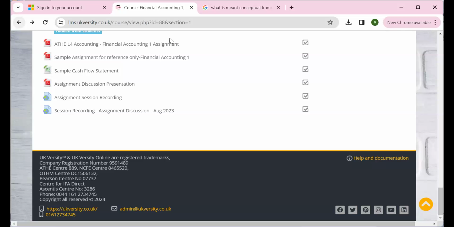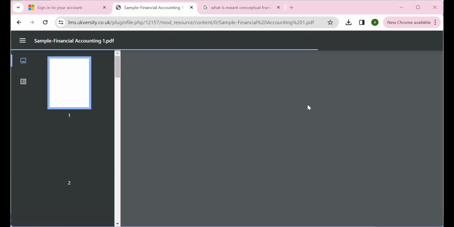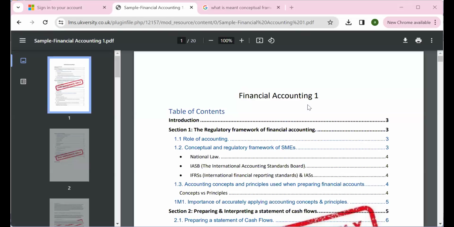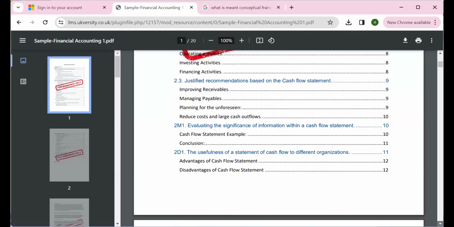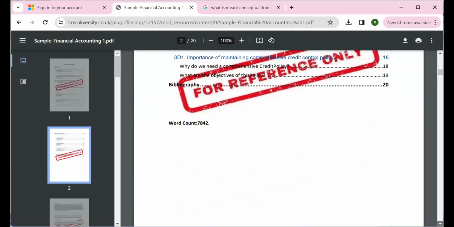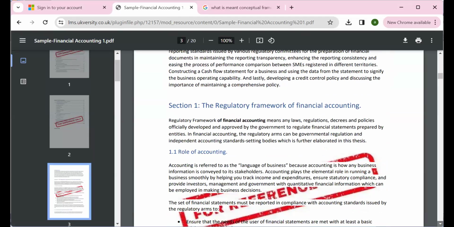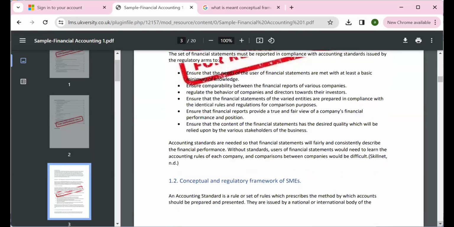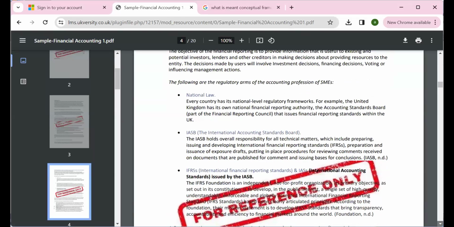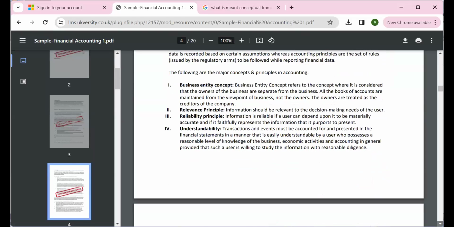Other than that, if you look at the sample assignment we included here, one second, I can show you. Sorry, it took a few minutes downloading. Please look at the table of contents and how we did it. We have explained what is meant by introduction. We have accounting, the role of accounting, the conceptual framework, and then accounting concepts.